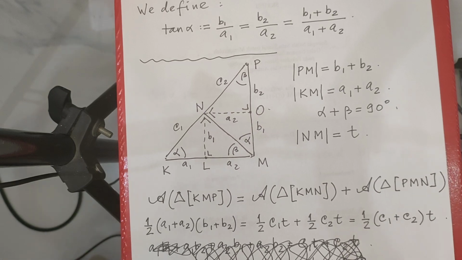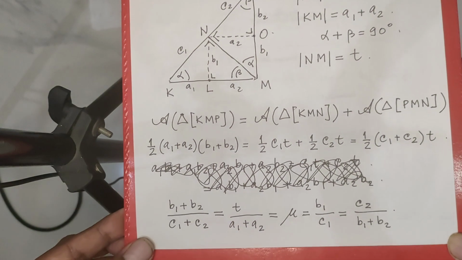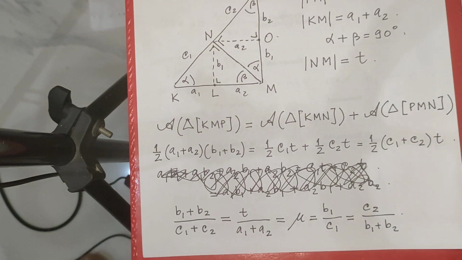So that's why we come to the following results. B1 plus B2 divided by C1 plus C2 equals T divided by A1 plus A2. This identity comes from the above area.